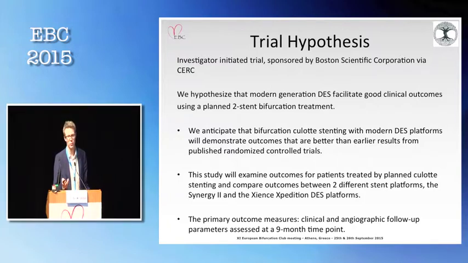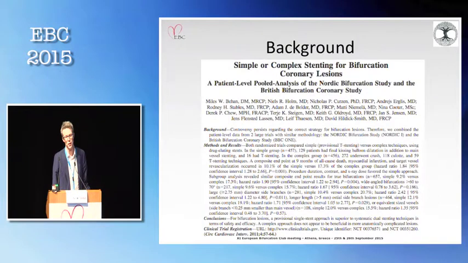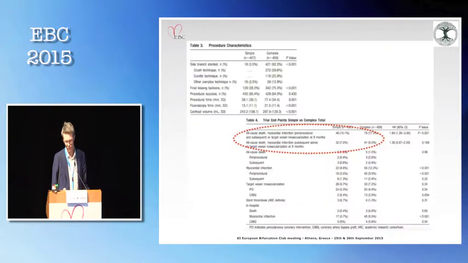So I suppose just to try and put this in some sort of context. This was the starting point when we were thinking about this trial. Of course, we all know this meta-analysis suggesting that a simple strategy certainly has advantages or no disadvantages relative to a bifurcation dedicated approach in bifurcation lesions.